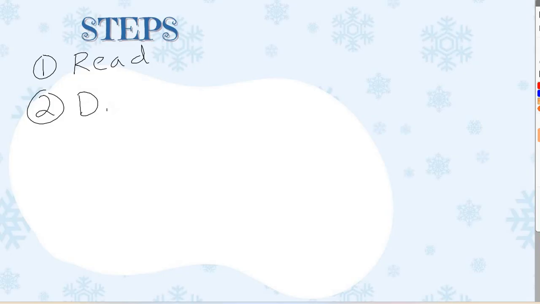So then the next step is to draw a picture. Sometimes we're going to be given diagrams or pictures, and that's great. Then I would still suggest labeling anything that needs to be labeled on the diagram. But if you're not given a picture, especially when we're talking about geometric shapes, it's really helpful to draw a picture.